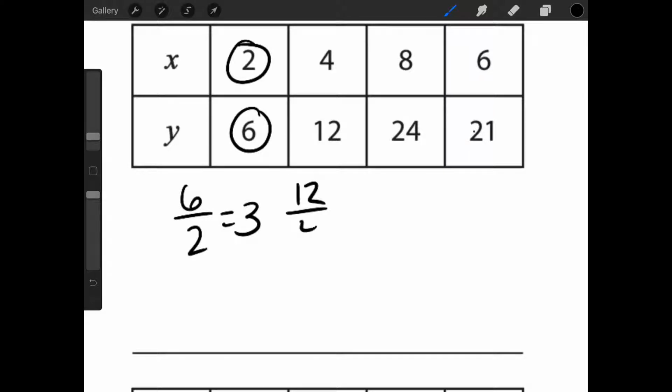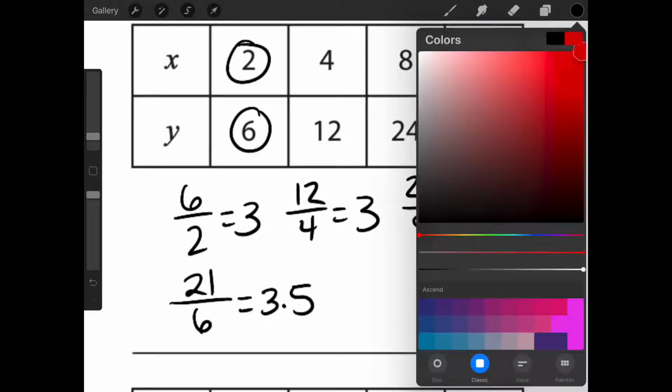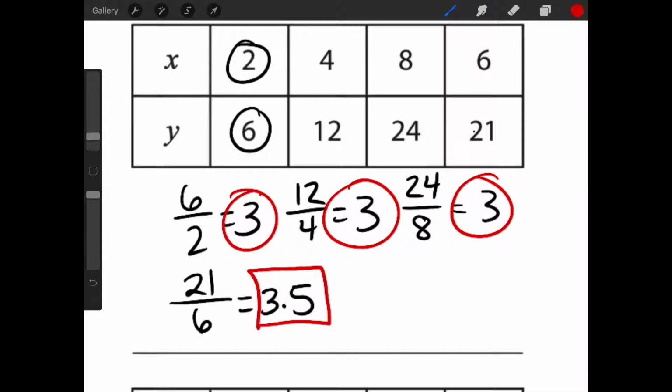So 12 over 4 is 3. 24 over 8 is 3. 21 divided by 6 is, in my calculator, 3.5. So here's a new situation. If it's different, that means this is not proportional. The constant of Y over X has to be the same across the entire table.